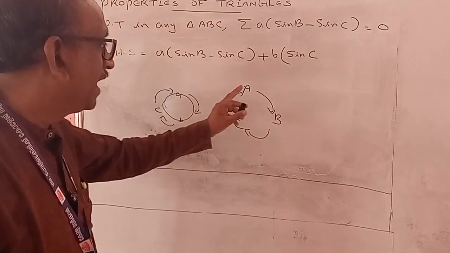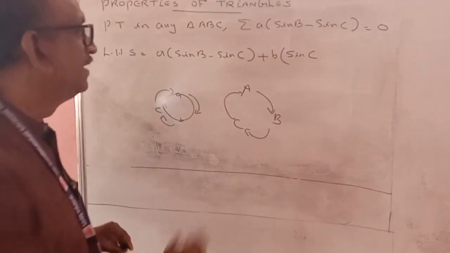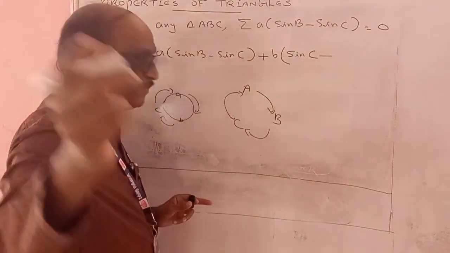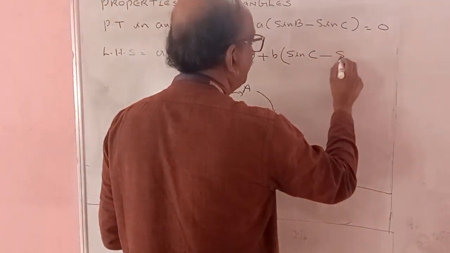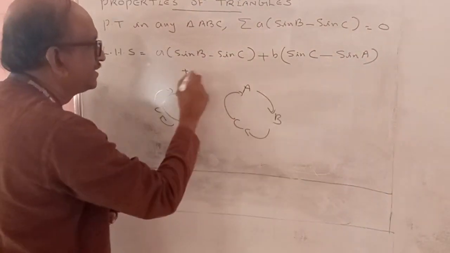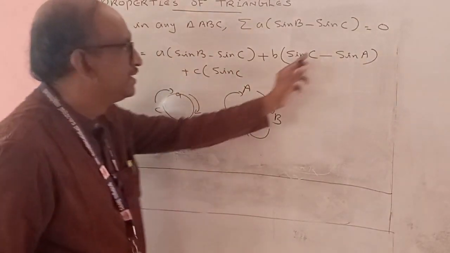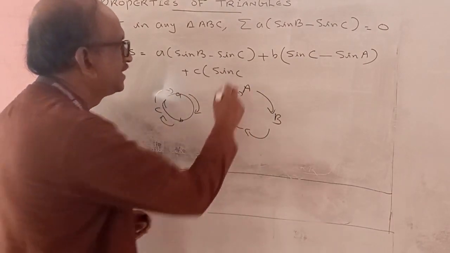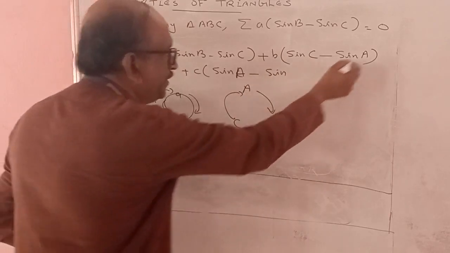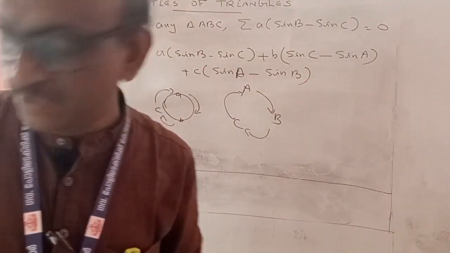Capital A goes to capital B, B goes to C, and C goes to A. Plus next, third term: small c into (sine A minus sine B). This is the expansion of the symbol sigma.